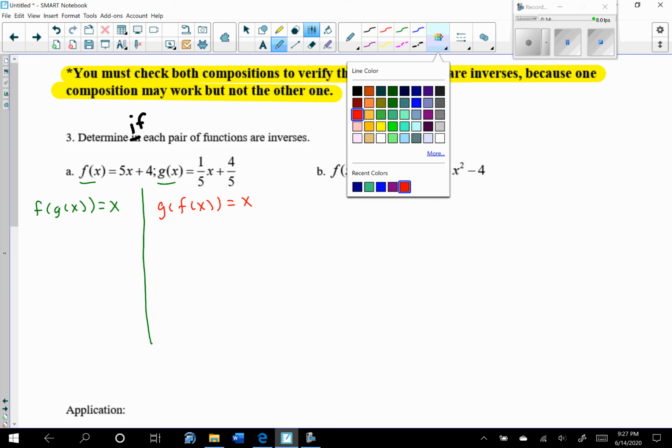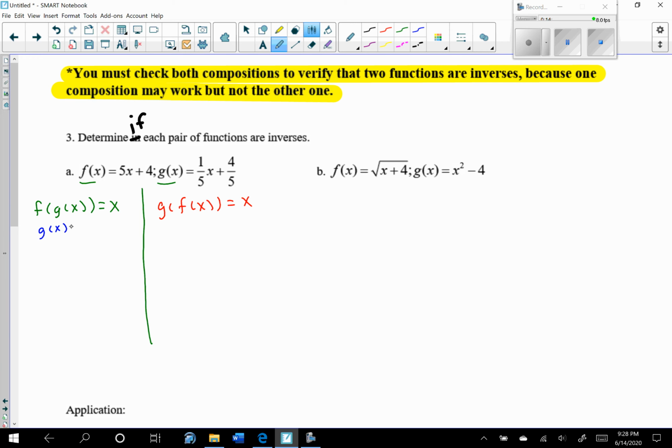So let's go ahead and take a look at the first one. For the first one, the inner function of g of x, which we know is 1/5 x plus 4/5. So I'm taking this answer right here and I'm taking out that g of x. So I'm going to do f of that answer. And so I'm going to write this a different way for those of you who might still be having trouble.